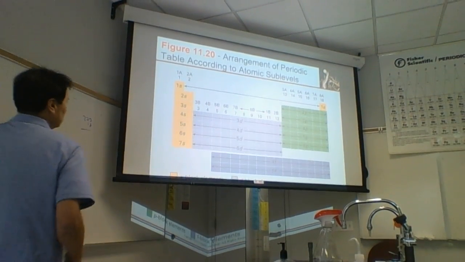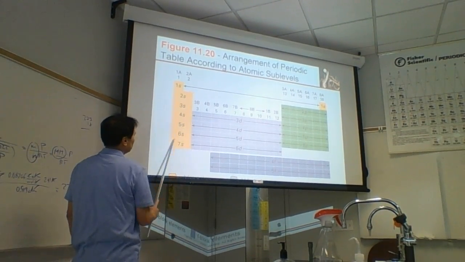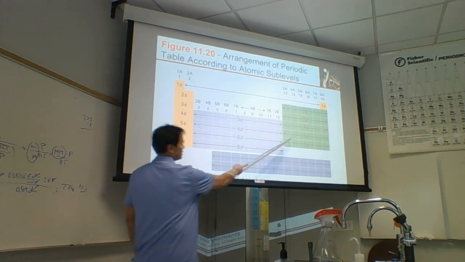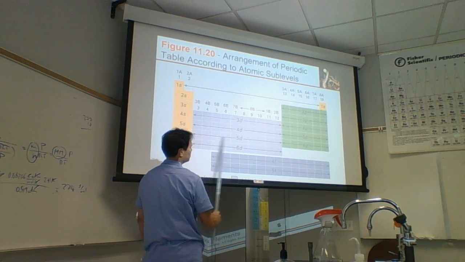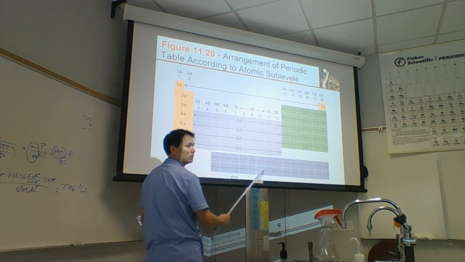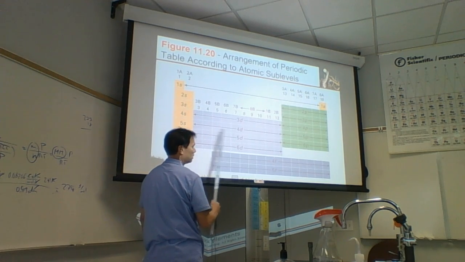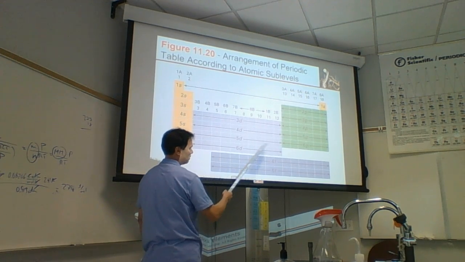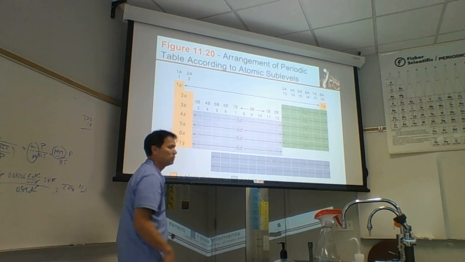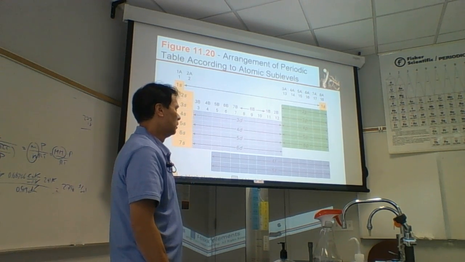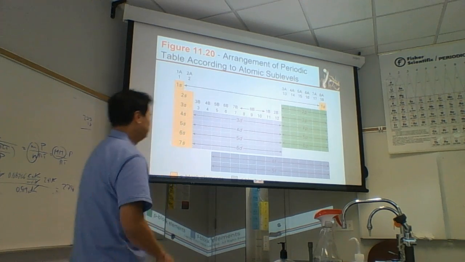So this first block here is the S subshell. And then the P subshell is in green here, the D subshell is here, and the F subshell is here. And so based on the periodic table, depending on where we are in terms of number, that'll tell us which subshell we're in here. So it's just memorizing this.